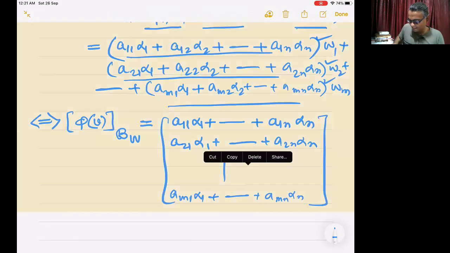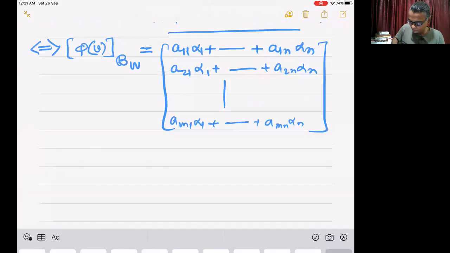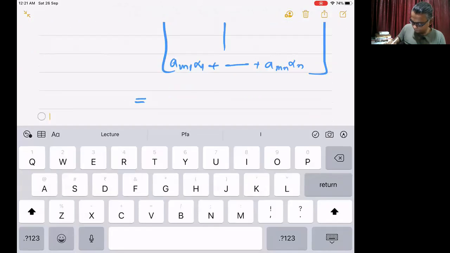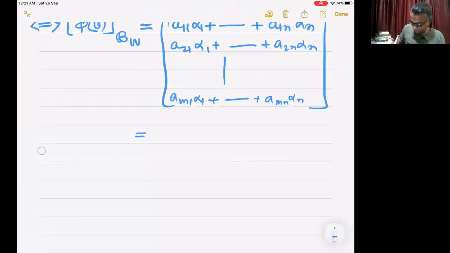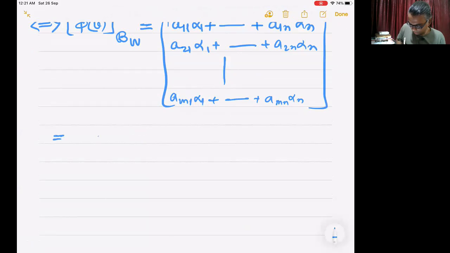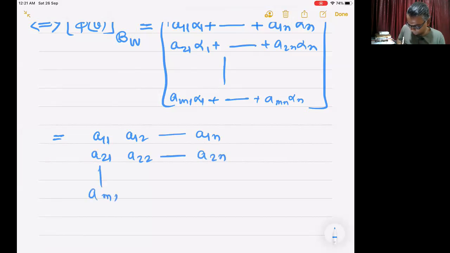But now notice that this is nothing but, from matrix vector multiplication, define the matrix A11, A12, dot dot dot up to A1n, A21, A22, dot dot dot up to A2n, and so on, AM1, AM2, AMn.